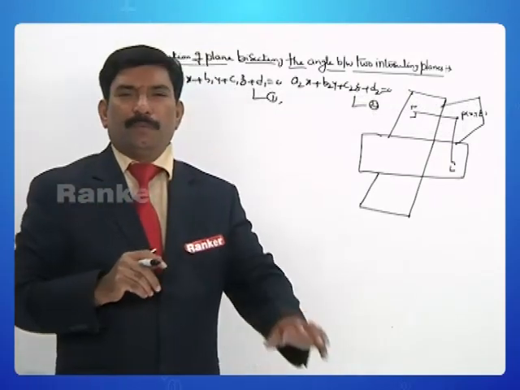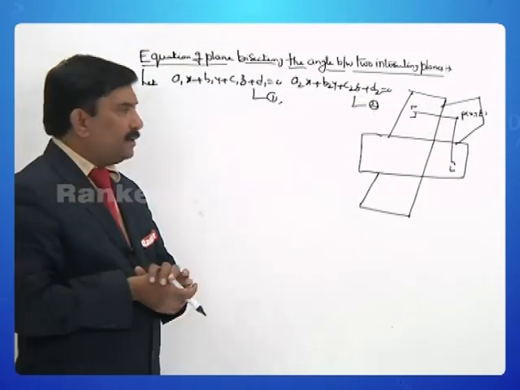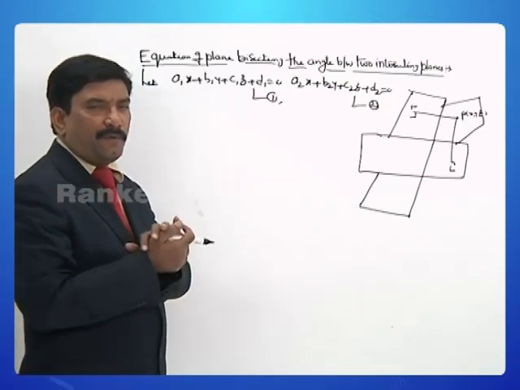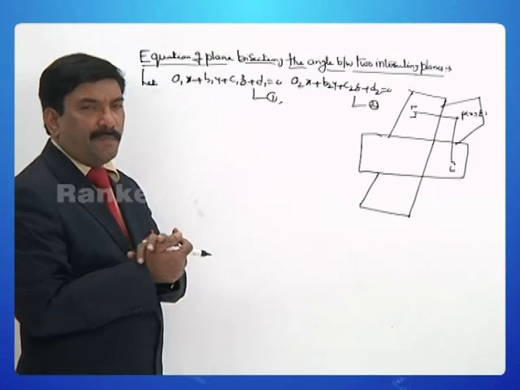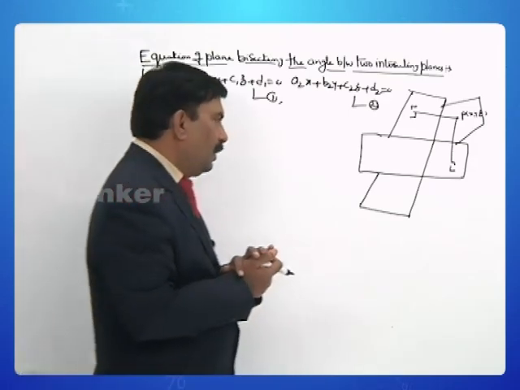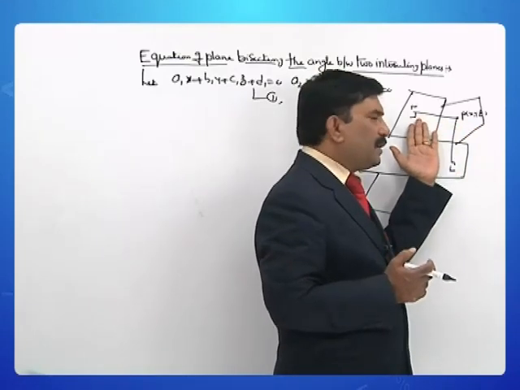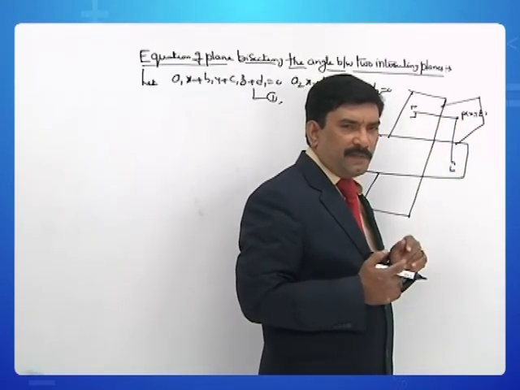These are the two planes. They are intersecting. Now I want to find the plane bisecting them. This is the plane bisecting two intersecting planes.